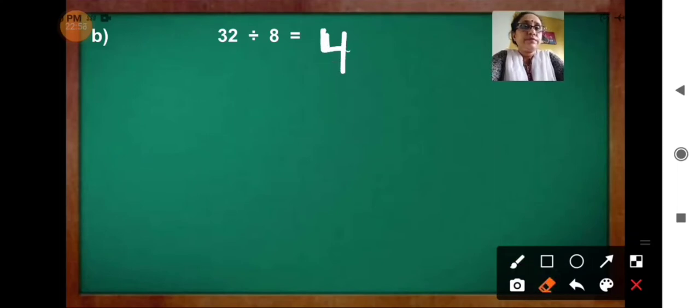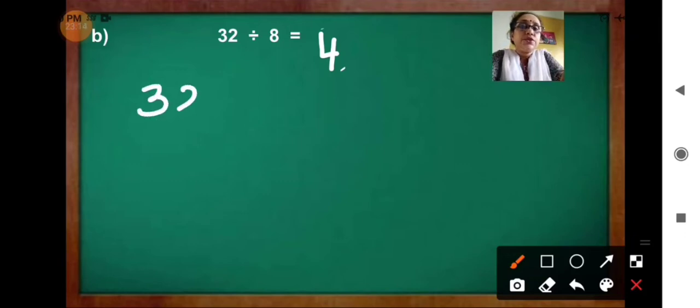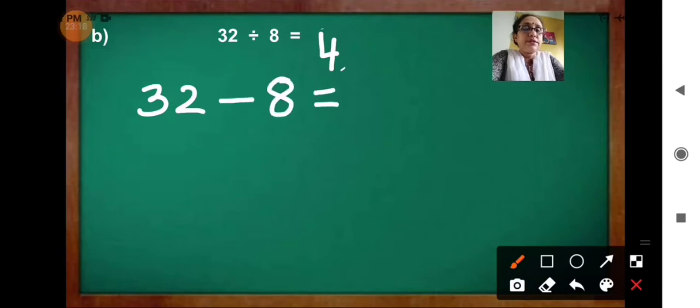Okay. Four. Then what we have to do? The next step, you have to write 32 minus 8. Okay. Tell, after subtracting, what you are getting? We will get 24.